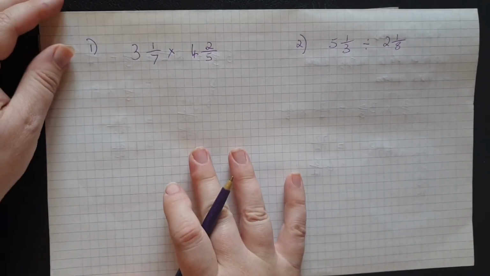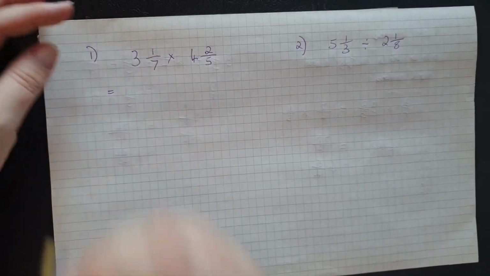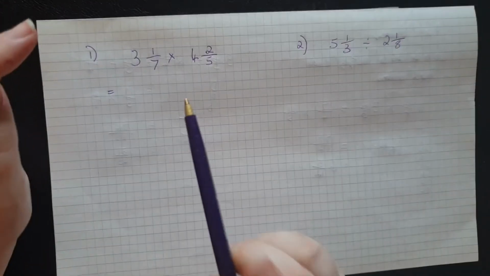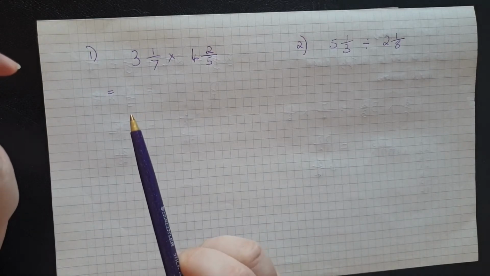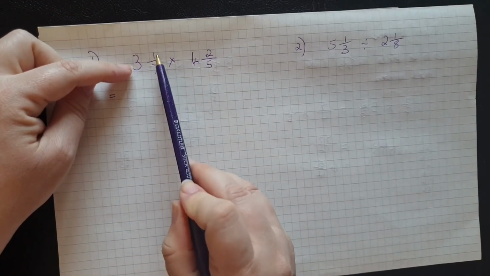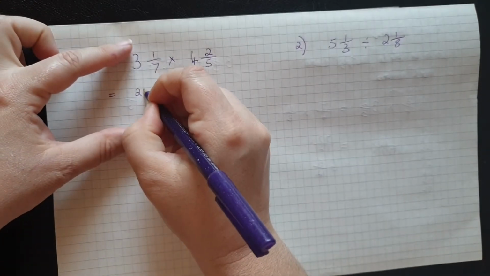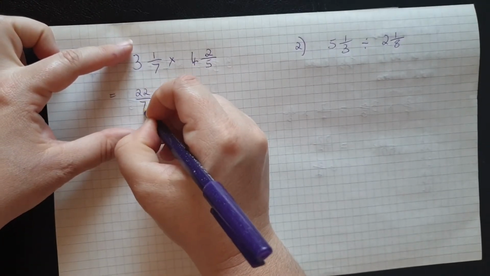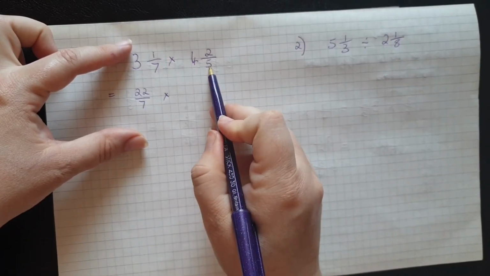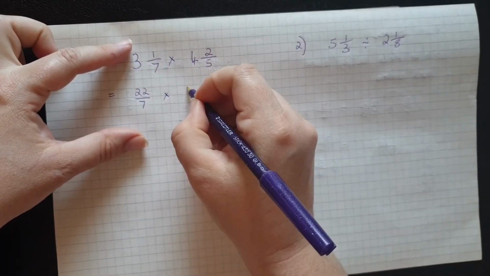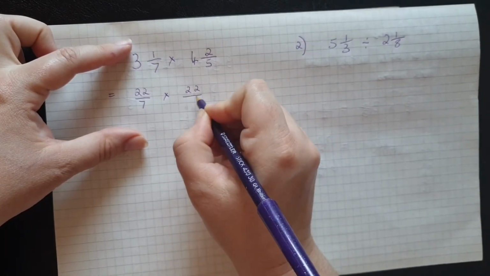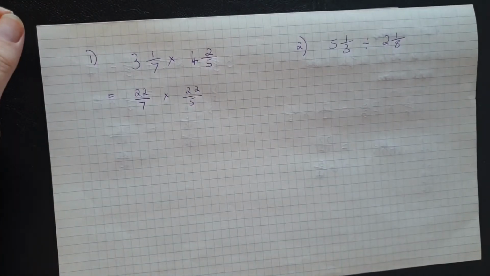Okay, multiplication first. Again, let's have a look. We're using mixed numbers, so the first step is to convert to a vulgar fraction. 3 times 7 is 21, plus 1 is 22, stays over 7. 4 times 5 is 20, plus 2 is 22 again, all over 5.